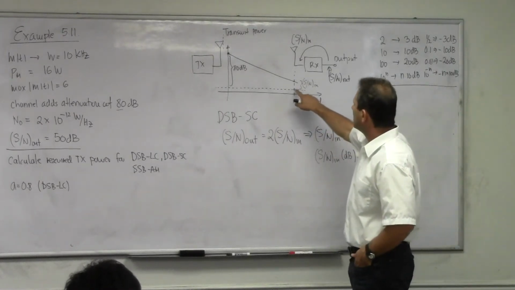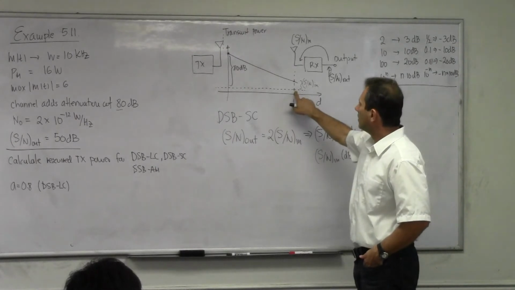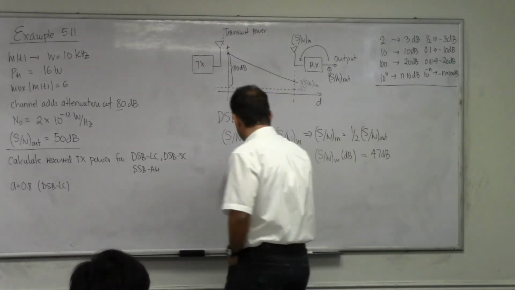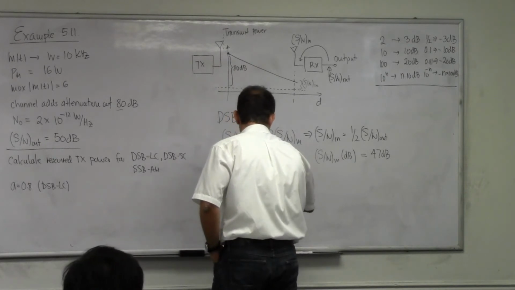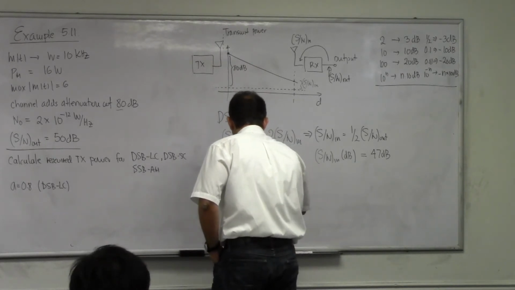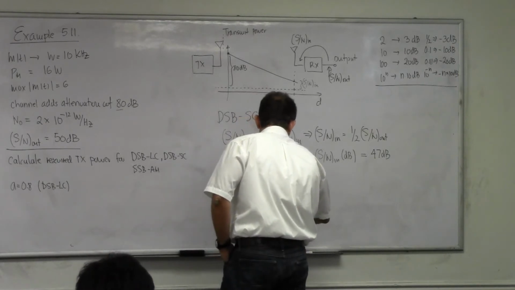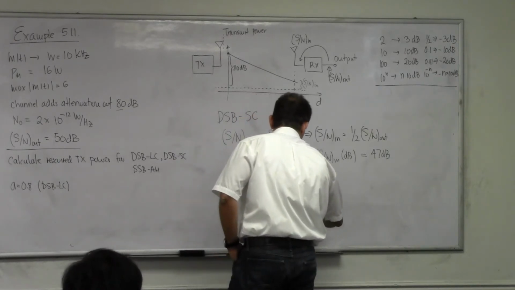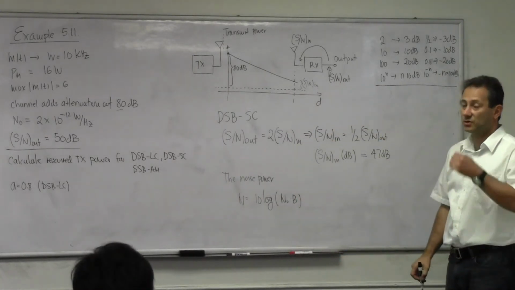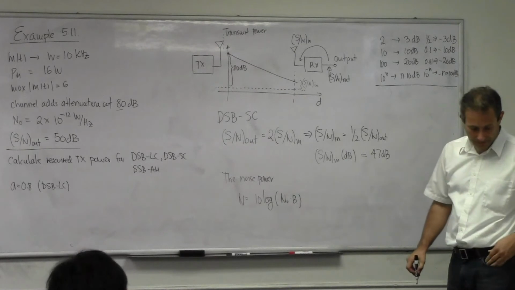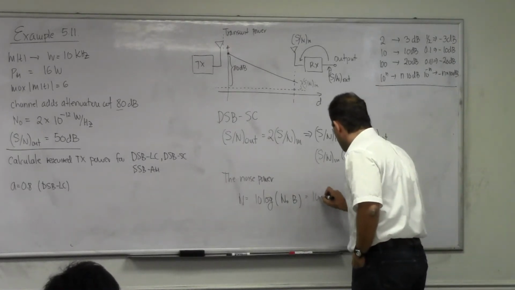Now, what is my signal power at this point? Well, we start from the bottom and ask what the noise power is. N is going to be 10 log of N0 times the bandwidth, if I want to express this in logarithmic units, which is usually how we do these kinds of problems.